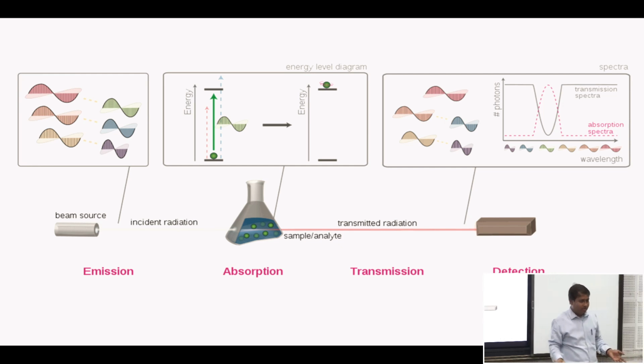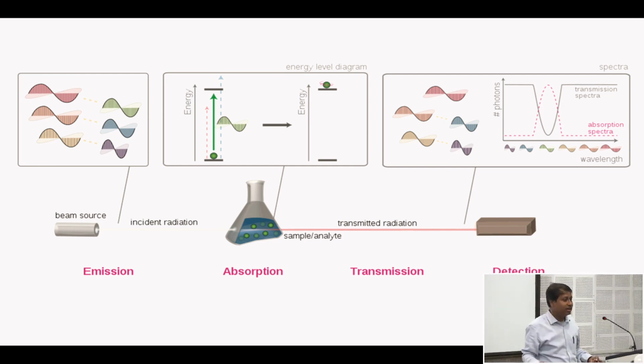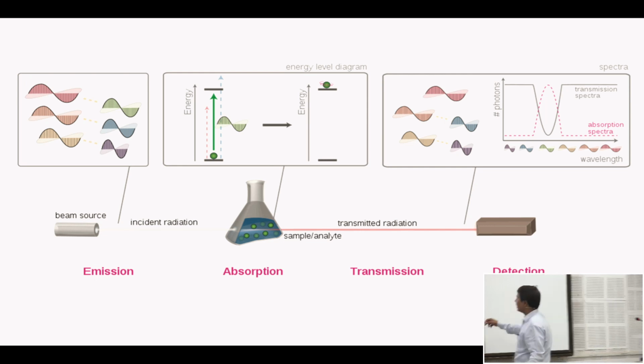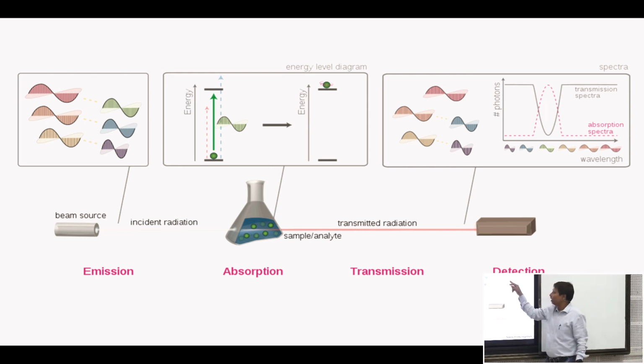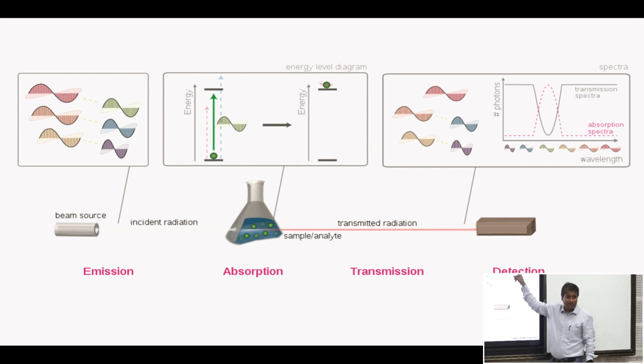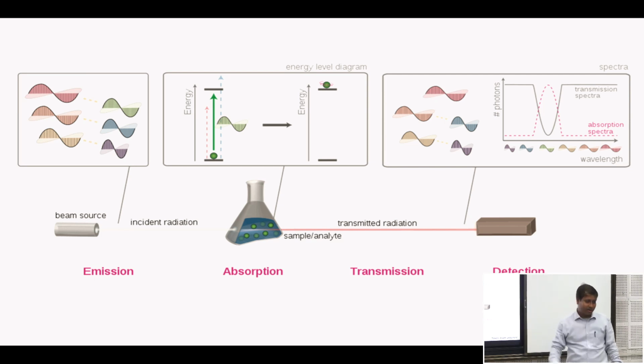Green is not being transmitted because green is absorbed. And again, all these others are transmitted 100%. So you see a dip for the green light, the absence of green light. This is if you plot transmittance. Now if you plot absorption on this axis, then you see this is the peak, this dotted line. So this is how this spectrum comes.